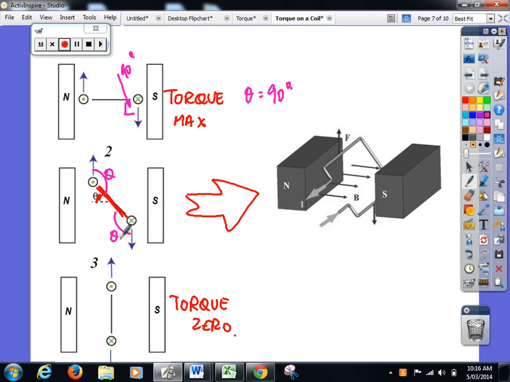So theta is getting larger, therefore torque is lessening, until theta here is 180 degrees.